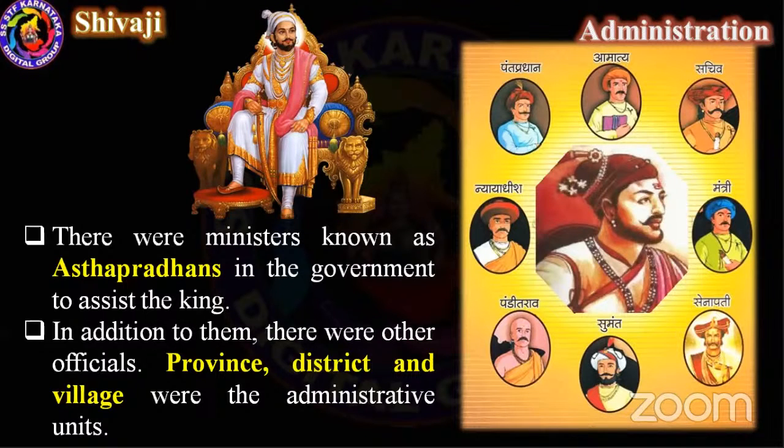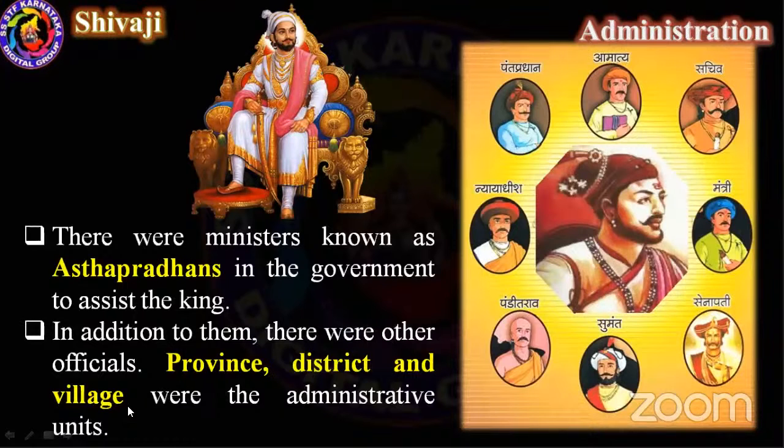Further, the provinces were divided into districts, and districts again into villages. Province was the large unit of administration, and village was the small unit. Even in the province, district and village, there were officials to manage the administration.